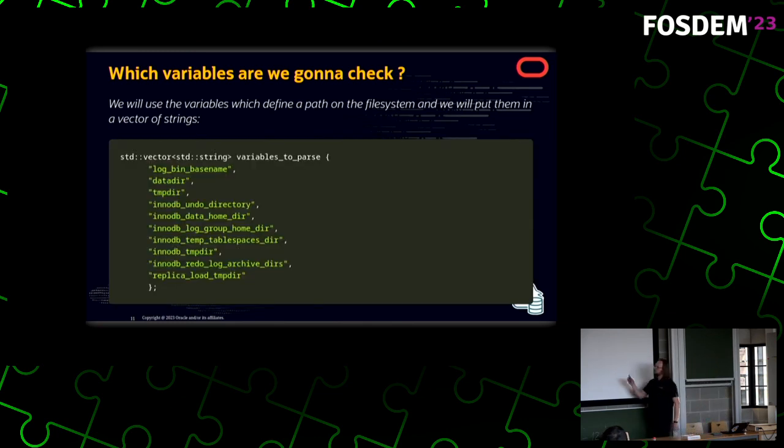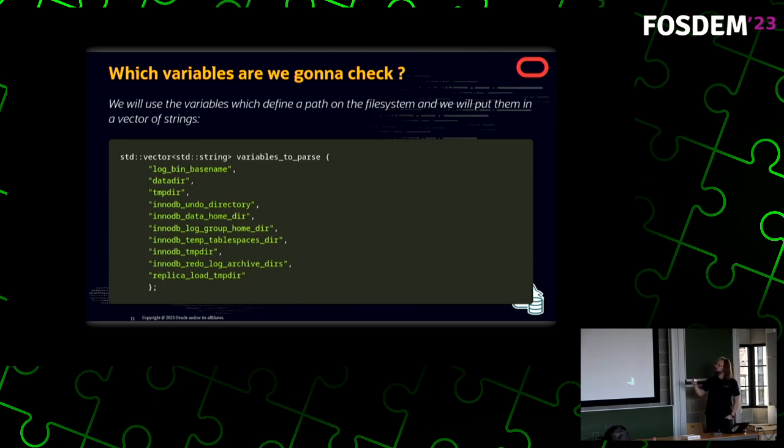For example, we have log_bin_basename, where we can put the binary logs somewhere. The datadir, hopefully you know what it means, is where the data will be. Then tmpdir, innodb_undo_directory, innodb_data_home_dir. All these can be different paths where we can store data, right?